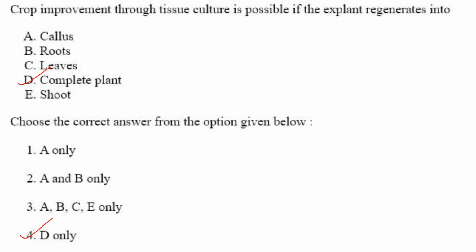Only then is crop improvement through tissue culture possible. If it gives rise to callus, it is of not much use. Roots, you cannot take only the root and plant it and get the plant developed from there. No. Leaves, no. So it has to be a complete plant. So answer here is option D. That is option 4. Sorry, not option D, it is 4. D only.